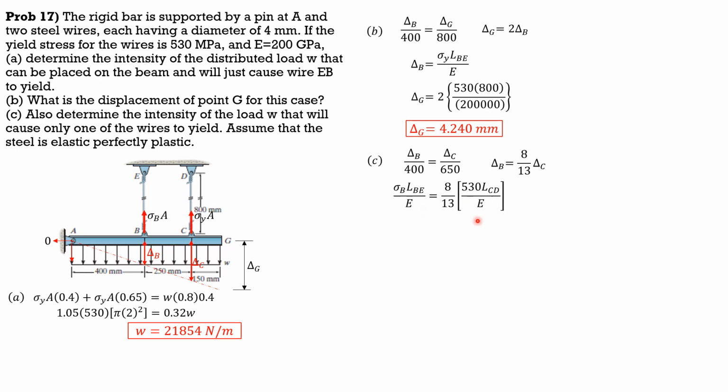E is also common, we can cancel that. So delta B can now be computed as 8/13 of 530.